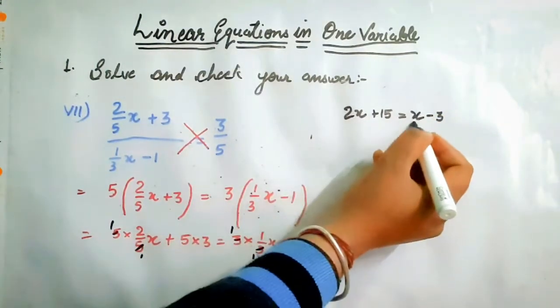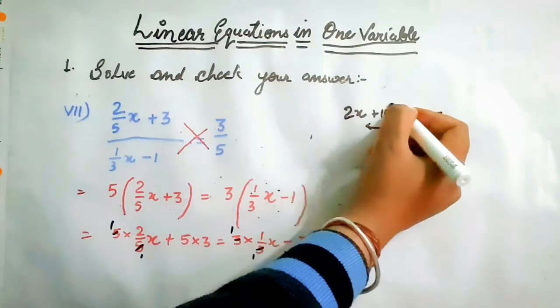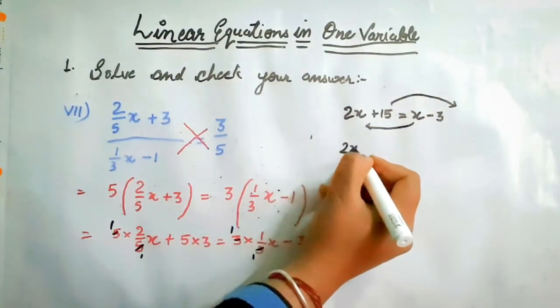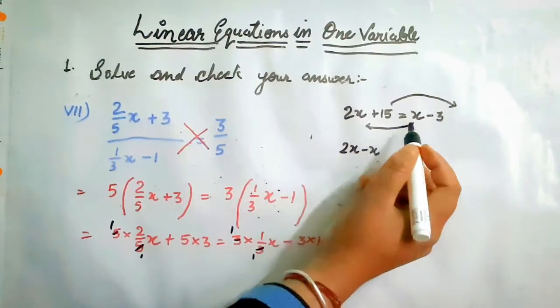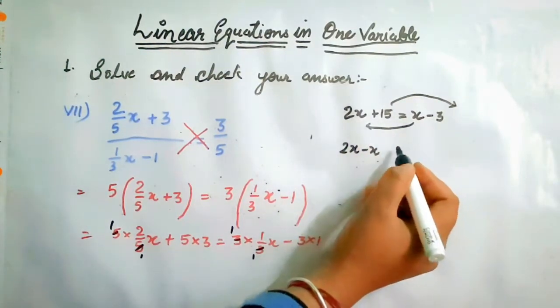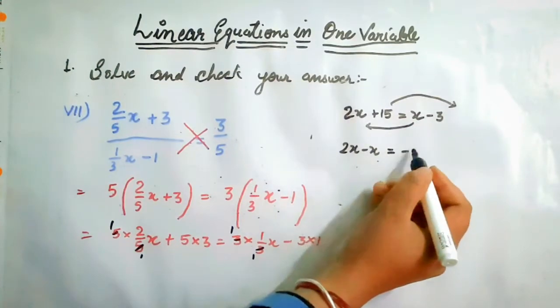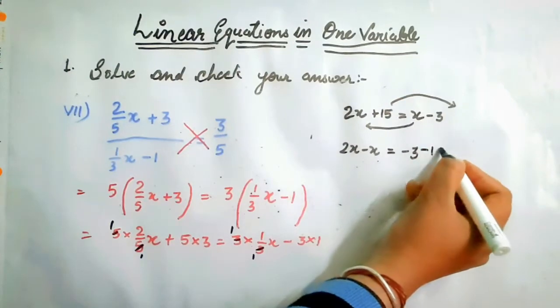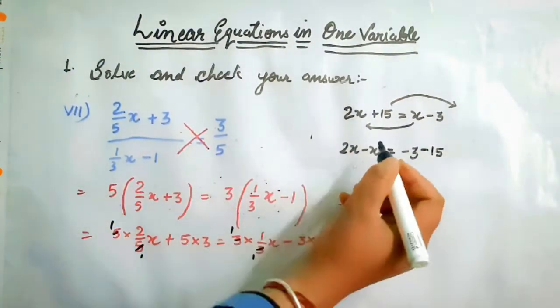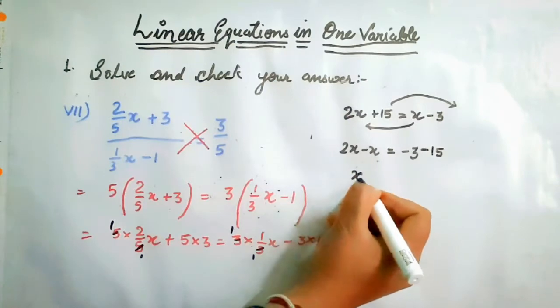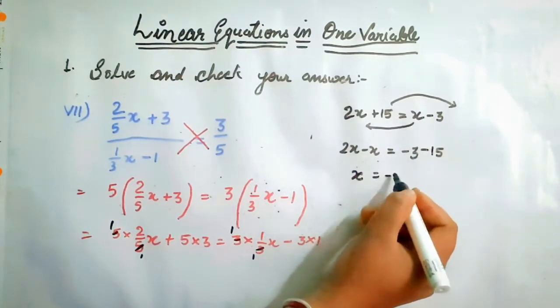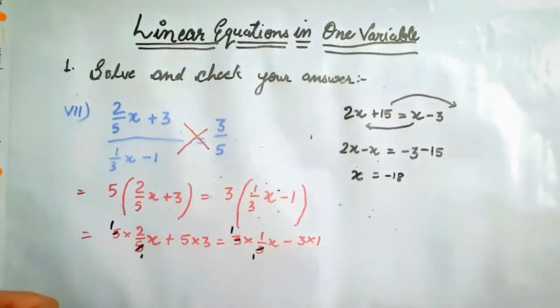Now bring x to the left side and take 15 to the right side. So 2x minus x, because it is positive, will become negative on the left, equals minus 3 as it is, minus 15, because this is positive it will become negative. 2x minus x will be x, that is 1x, equals minus 3 minus 15, which is minus 18.